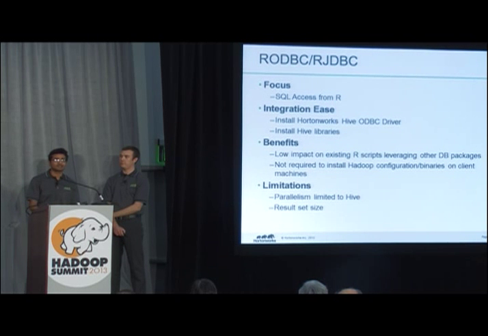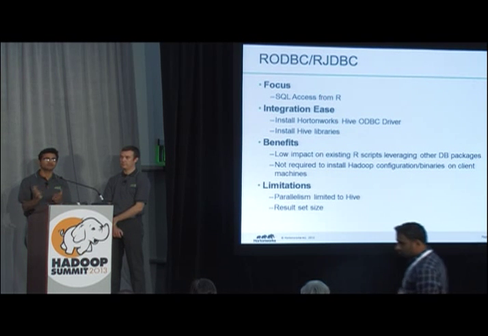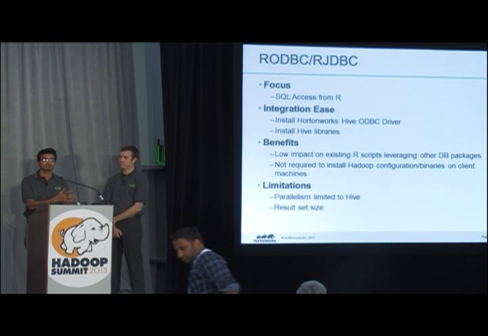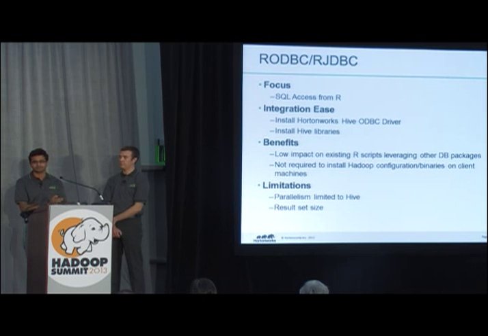So the easiest part is migrating these scripts when we use our ODBC or JDBC, because the scripts themselves will look the same. The data access, instead of SQL, is now HQL, which is not much different. So that's a major benefit, where whatever scripts they have, we can quickly move them to using data in Hive.